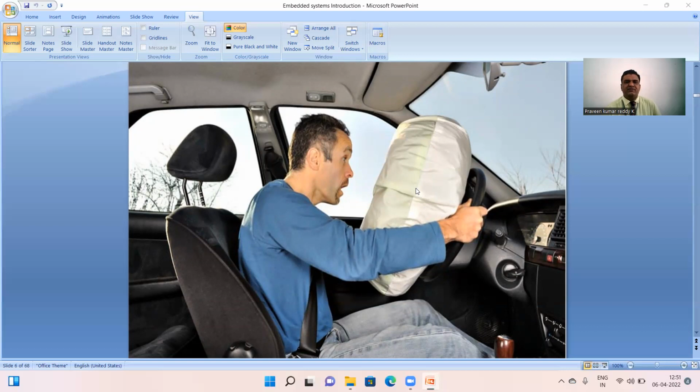The driver should be safe. So this airbag balloon will open whenever an accident happens and save the life of the driver. How does this airbag open up? It's a simple thing. The system is like this.